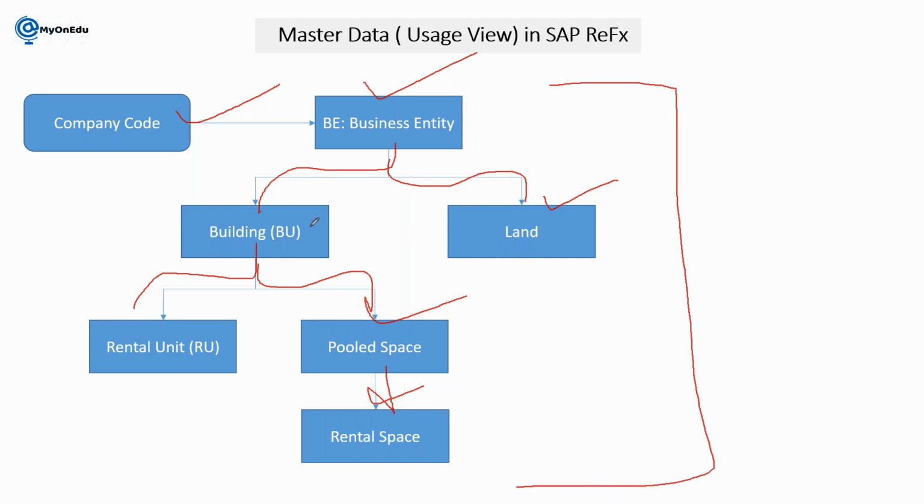You cannot create a rental unit directly under the business entity, or create a building under the rental unit. You cannot shift it. The same sequence we need to follow. If we are creating a rental unit, we are supposed to have a building and a business entity. If we are creating a business entity, there is supposed to be a company code somewhere. So this is a completely fixed structure.